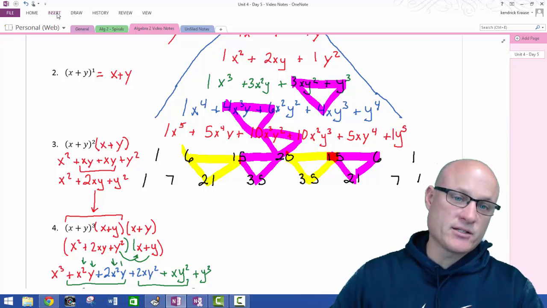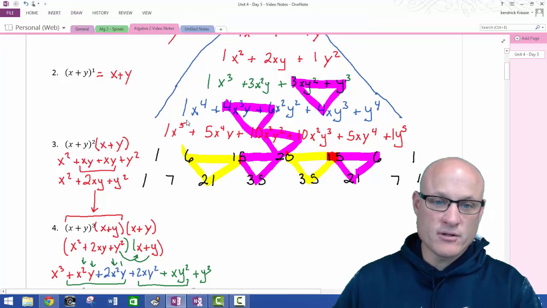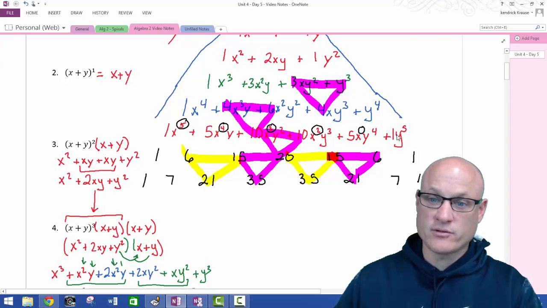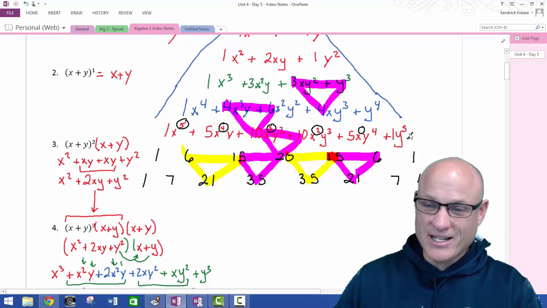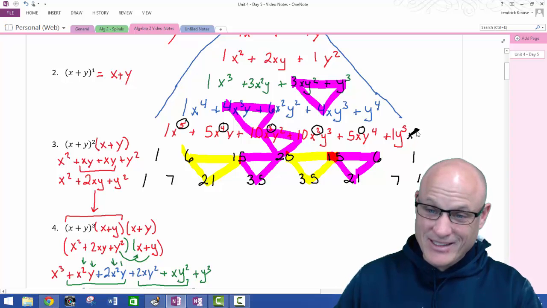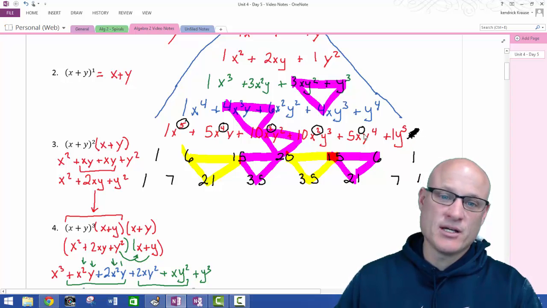Now let's go back and take a look at the exponents. Here's an x to the 5th, x to the 4th, x cubed, which is hard to see, x squared, x to the 1st. And really, there's an x to the 0 here, but we don't need that because it's really just 1. And what's happening with the y's?